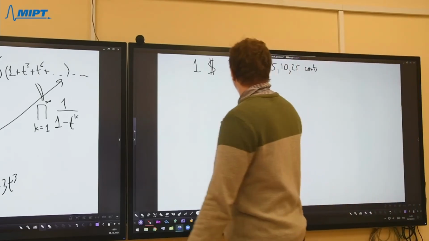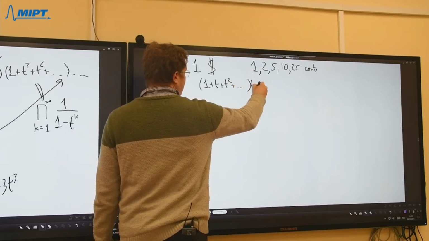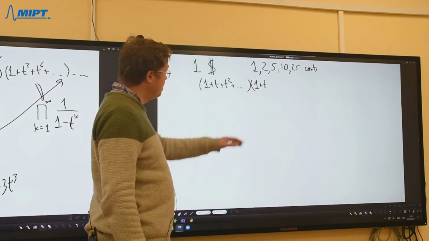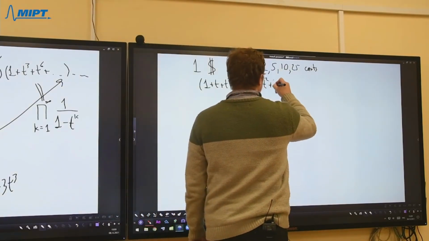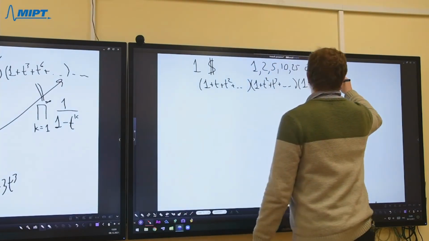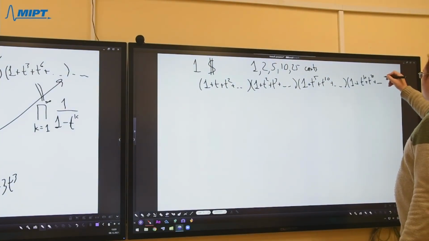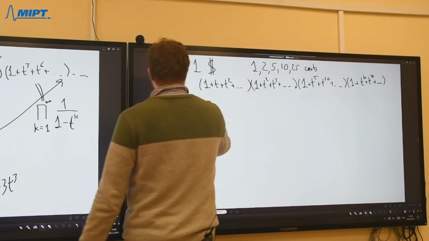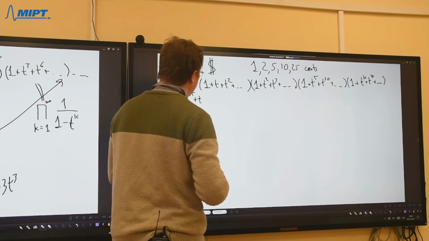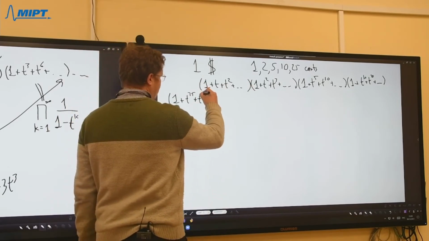Then we need to just write the generation function, and generation function for changing n cents into these coins is just this function. So we just take only brackets where we have powers divisible by 1, 2, 5, 10, and 25.